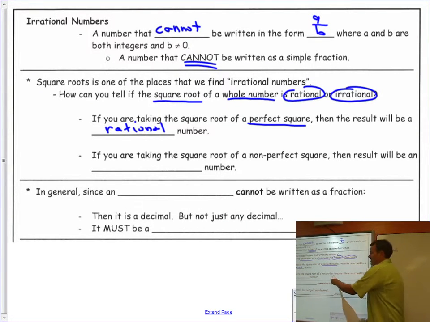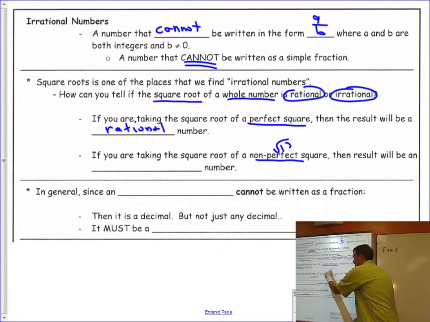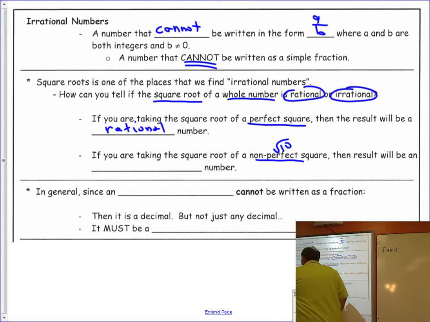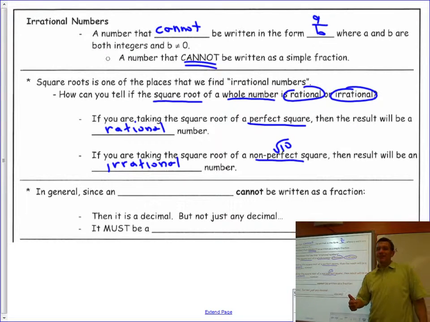If you are trying to take the square root of a non-perfect square, like the square root of 10, then the result will be irrational. Perfect squares have square roots that are rational. Non-perfect squares have square roots that are irrational.